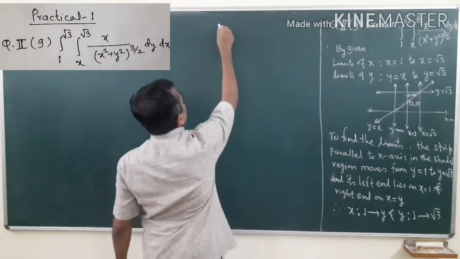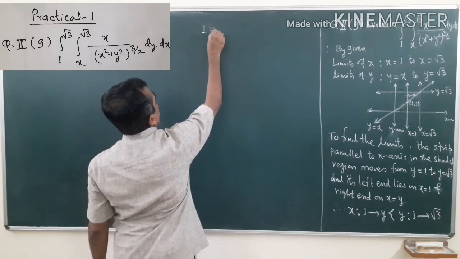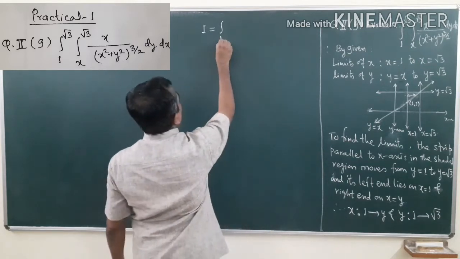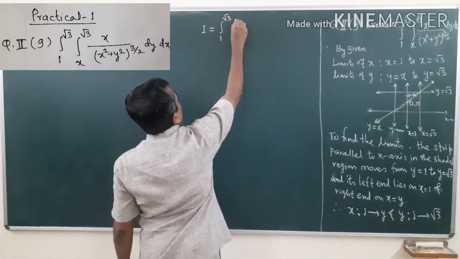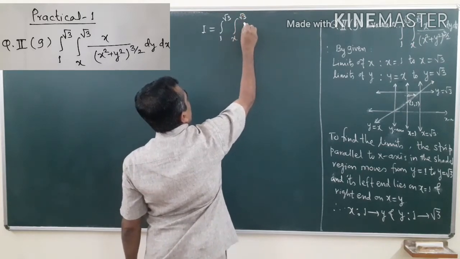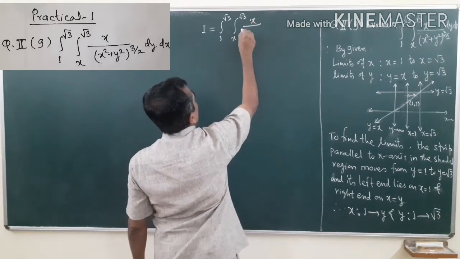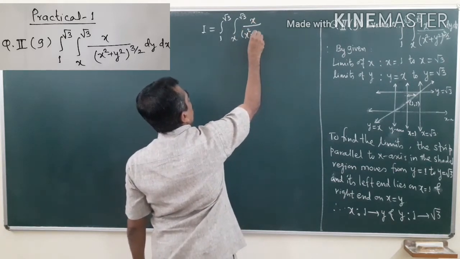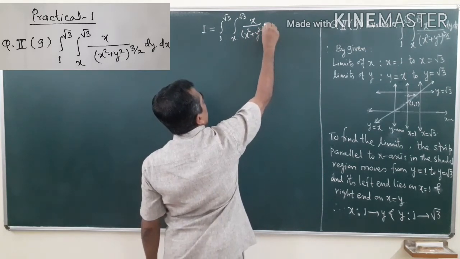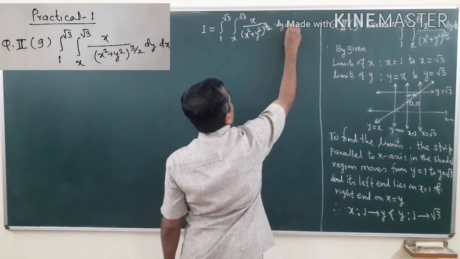So the given integral I is equal to the integral from 1 to root 3, integral from x to root 3, of x upon (x square plus y square) raised to 3 by 2 dy dx.